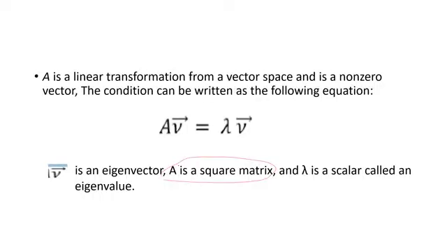So that is known as a square matrix. And this is your eigenvalue. It shows you the relationship between your eigenvalue and the eigenvector, and this V is known as the eigenvector.